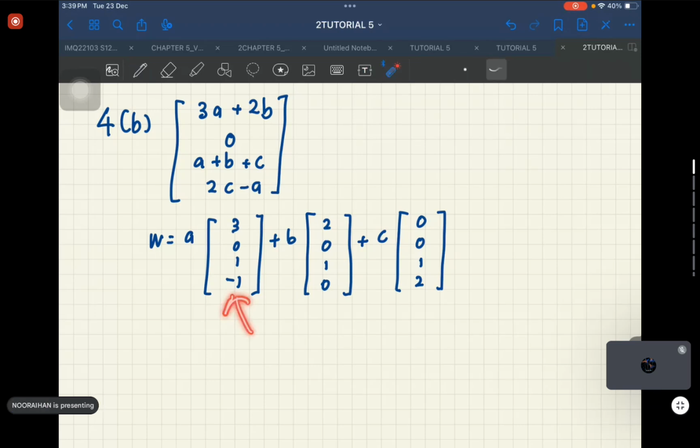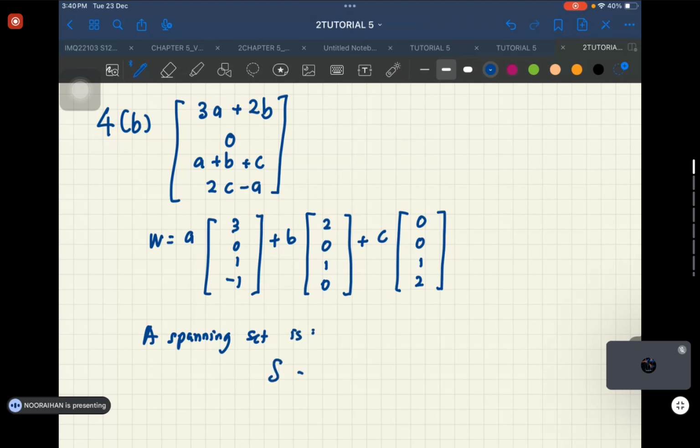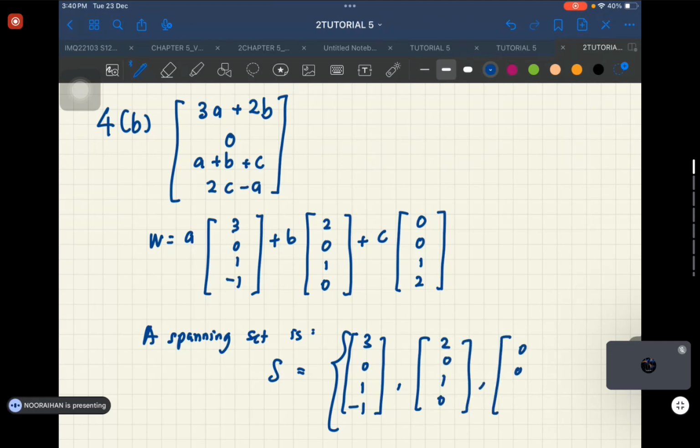So you can conclude that a spanning set is (3, 0, 1, negative 1), (2, 0, 1, 0), and (0, 0, 1, 2). The spanning set is a set that spans W.